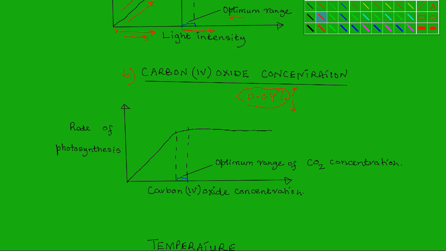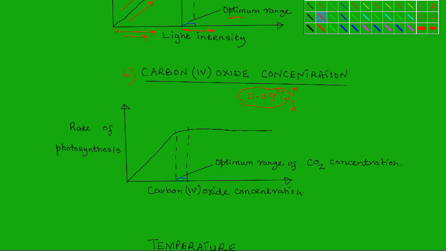Why? Again, here the reason is the other factors that are necessary for photosynthesis to take place have remained constant. So an increase in carbon dioxide alone beyond its optimum range under those prevailing conditions will have no impact on the rate of photosynthesis.